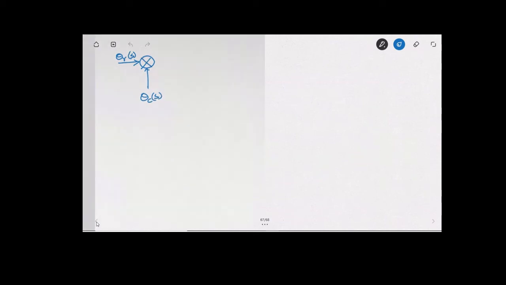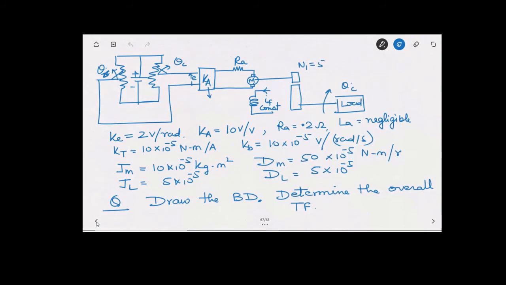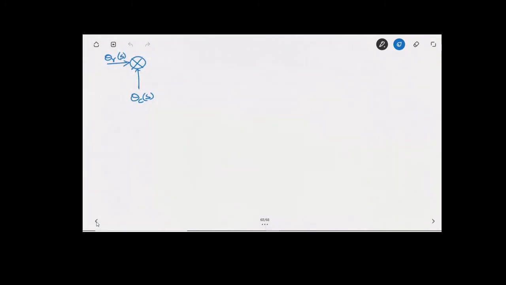We took theta c here. In between them is the motor, the armature controlled motor with amplifier. First comes the error detector gain, which is KE. Next is the amplifier, which is Ka. Next is the block diagram of armature controlled DC motor. You can refer to your notes and verify what I am writing.